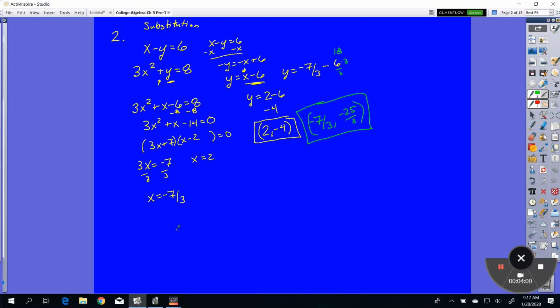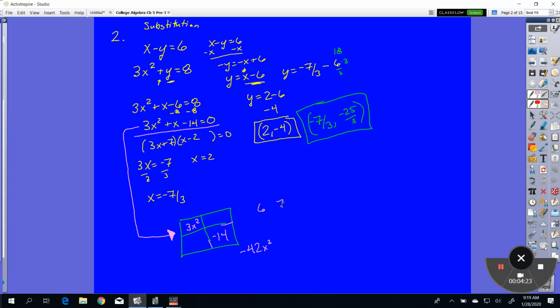Just in case you're factoring it using the box method, you remember you take the first one, the 3x squared, you put it in the upper left-hand corner. Negative 14 goes here. 3 times negative 14 is negative 42. So you're trying to find what multiplies to be negative 42 and adds to be 1.